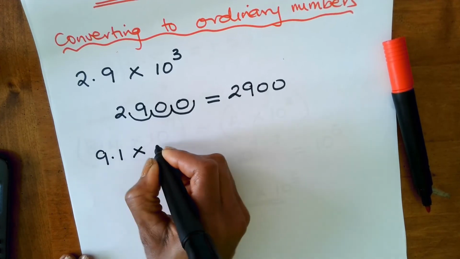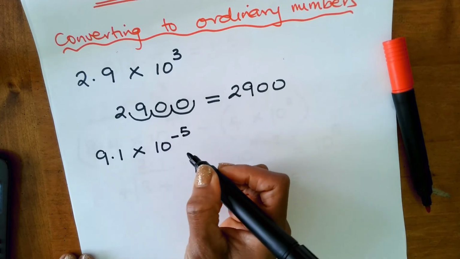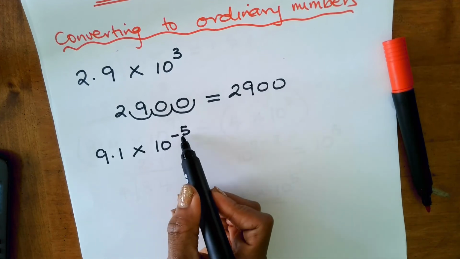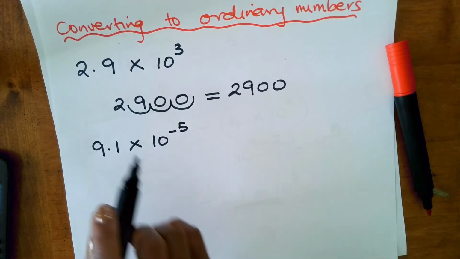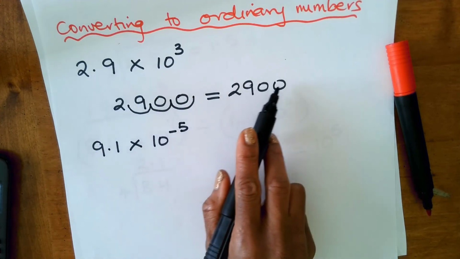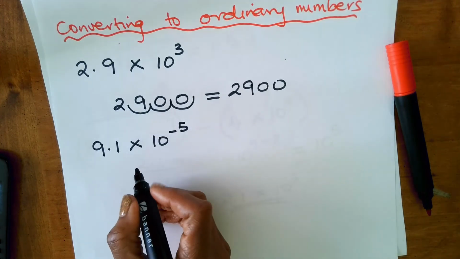Now if we do another example, 9.1 multiplied by 10 all raised to the power minus 5. I'm changing this to ordinary form. So I know that this is minus 5. So remember, when it is positive, it goes to the right when we're changing the standard form to ordinary numbers.